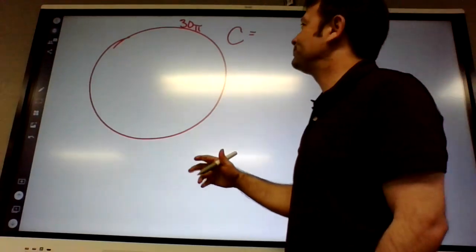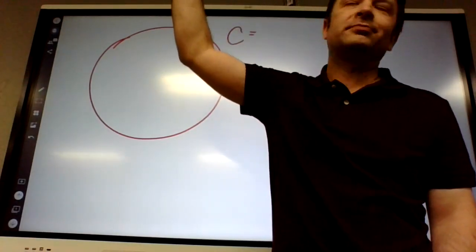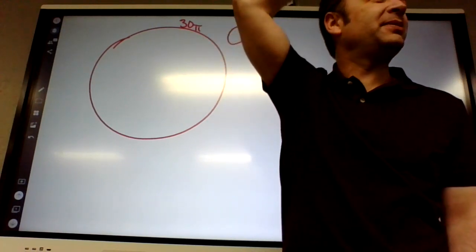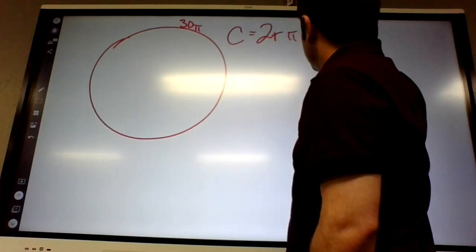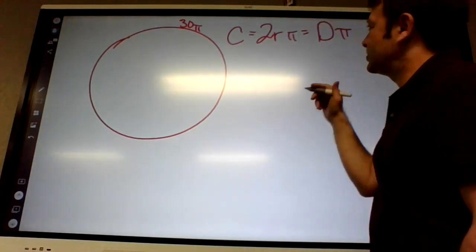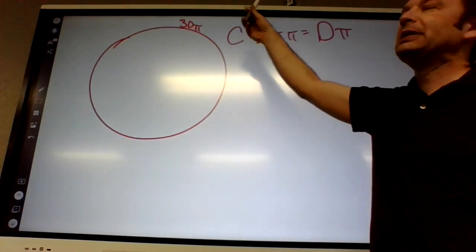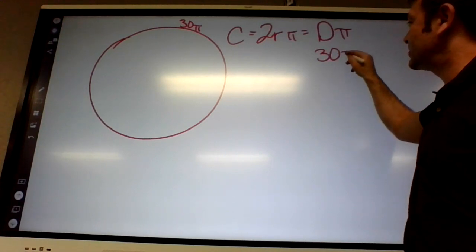Get good, people. Alright, what's the circumference formula? 2 r pi or what else? Diameter times pi. So if the circumference for this circle is 30 pi, what does that tell us?